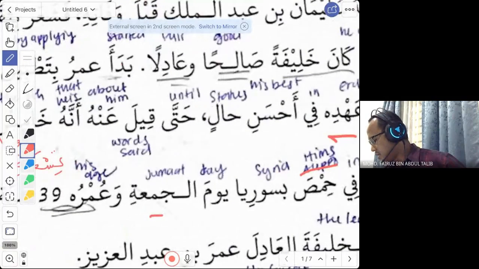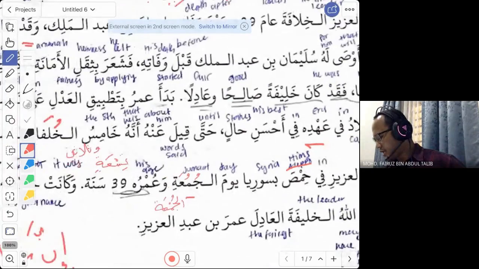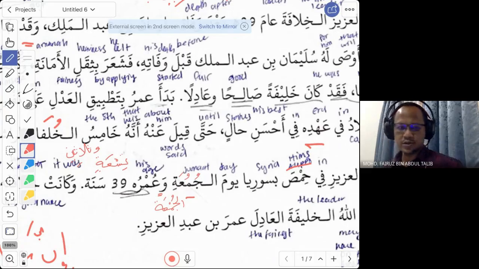It is either Jumu'ah or you can say Jum'ah. Either one. So you can read it in two ways. Naam. Wa umruhu, and his age, or while, so while here is not and, so when he was 39 years old. So that is the meaning of wa here.